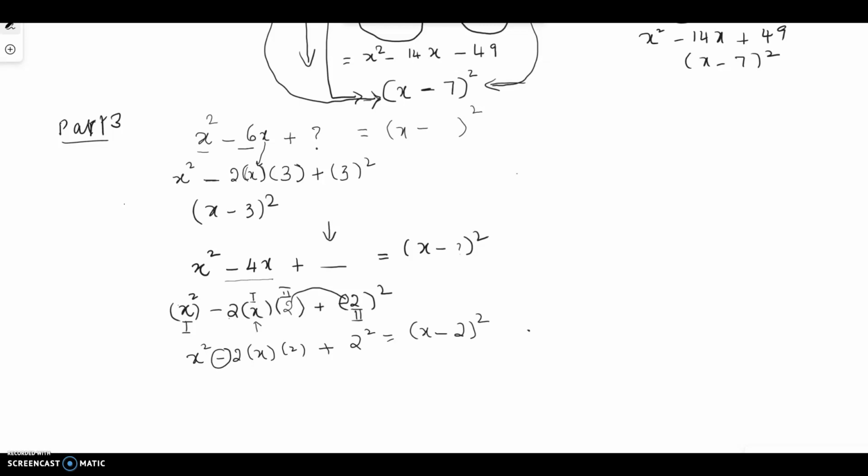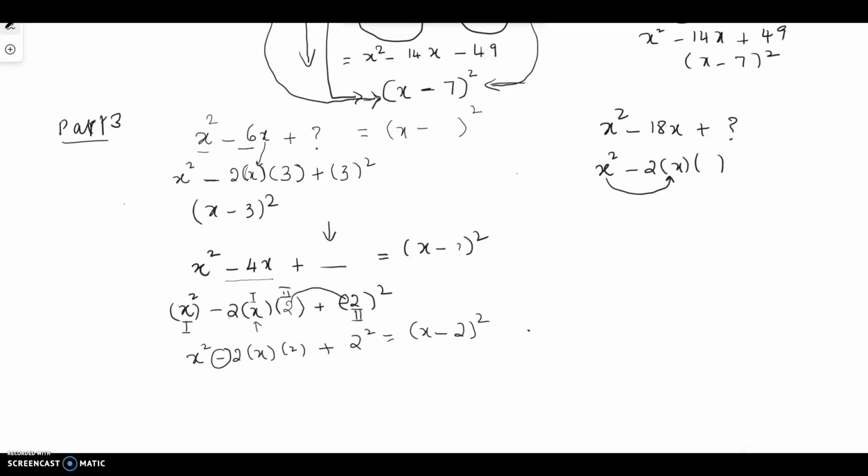Let's look at another example. x squared minus 18x plus what would make it a perfect square? So let's think about it. x squared minus twice the product of the first term and the second term would have to be negative 18x.